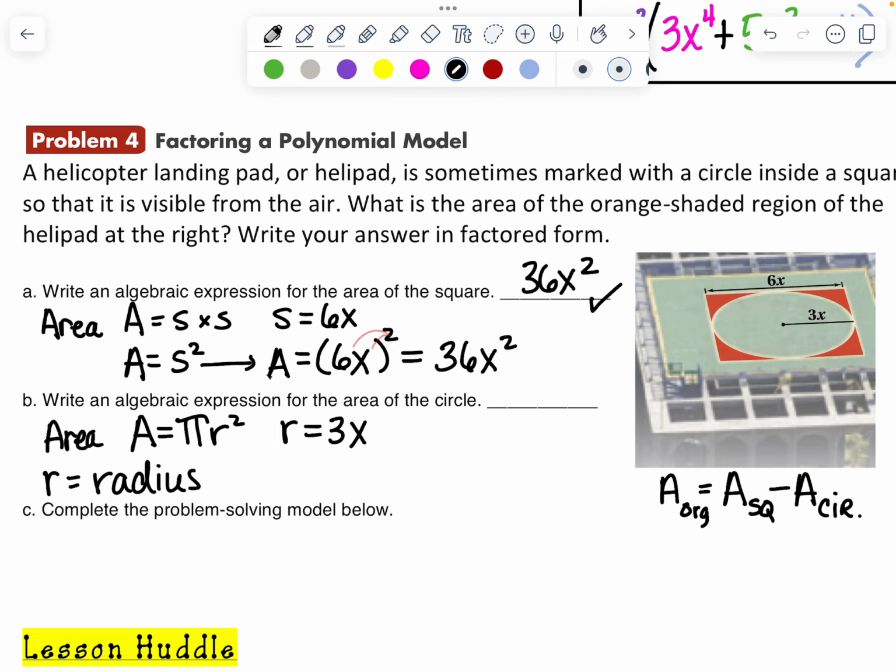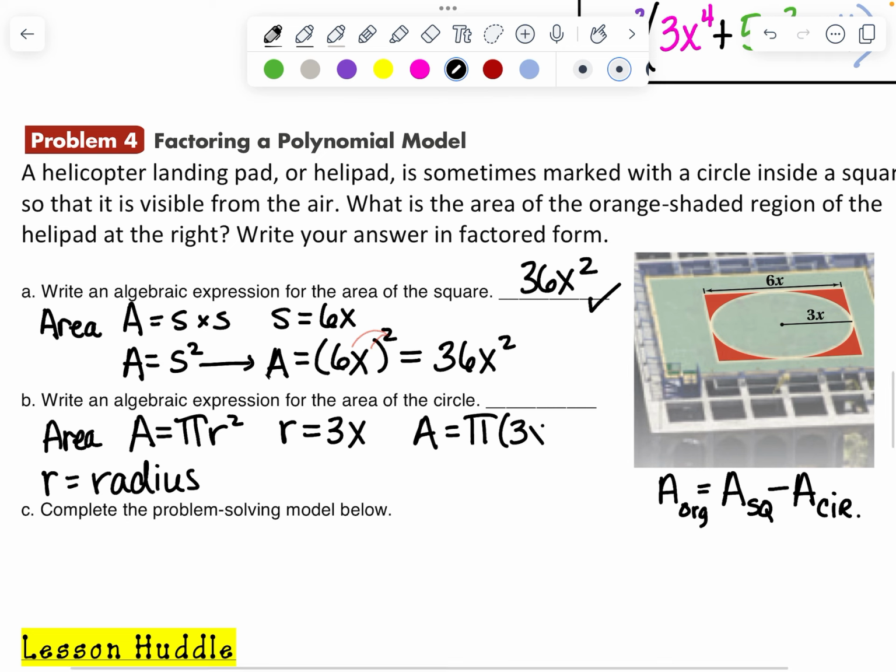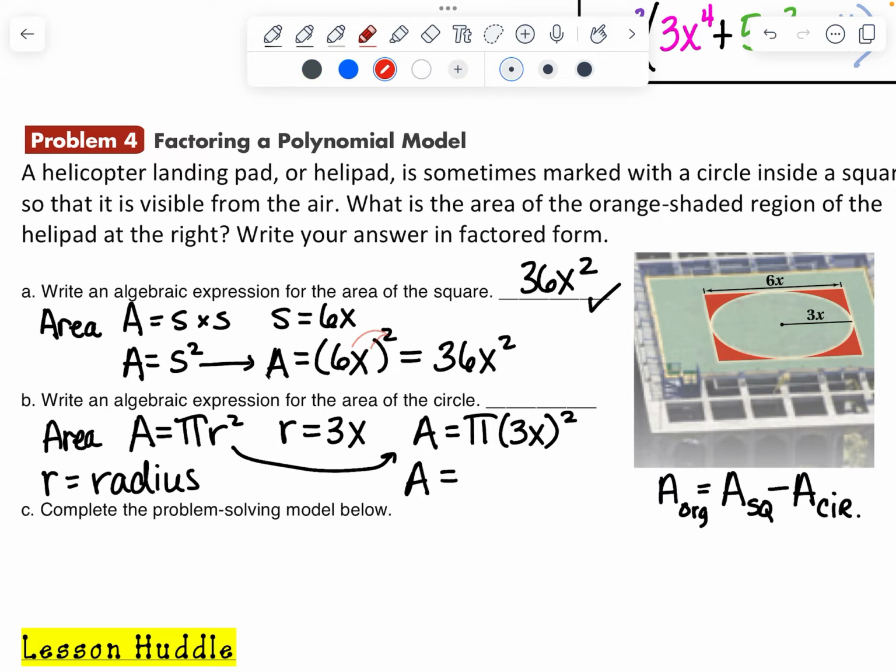So we're going to take our formula, area is equal to pi times radius squared. And so using that formula, we're going to distribute the exponent to both factors. That's one of our exponent rules.